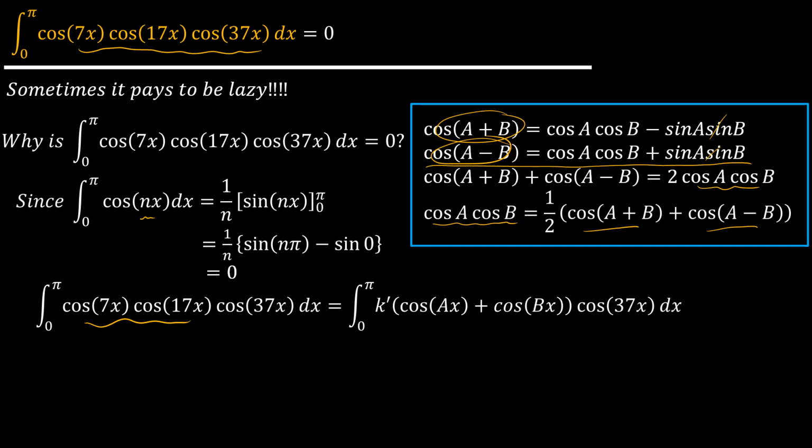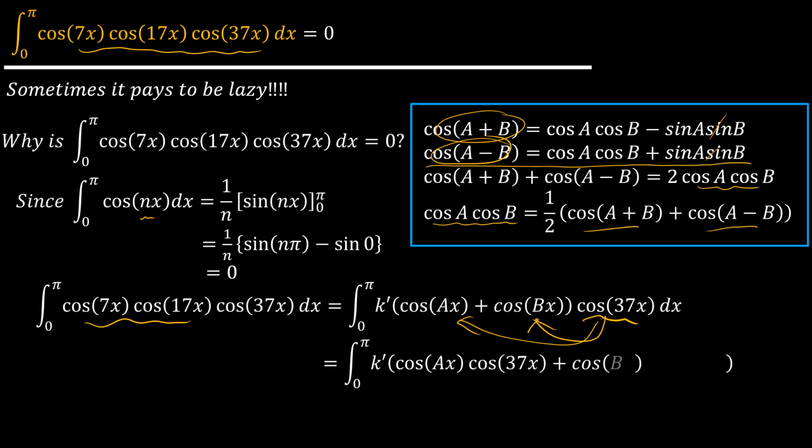We have k prime, which could be some fraction, times cosine ax plus cosine bx, times cosine 37x. When you multiply this across, you have 2 products again, with k prime as a constant: cosine ax times cosine 37x plus cosine bx times cosine 37x. And this again yields a sum of 2 functions.